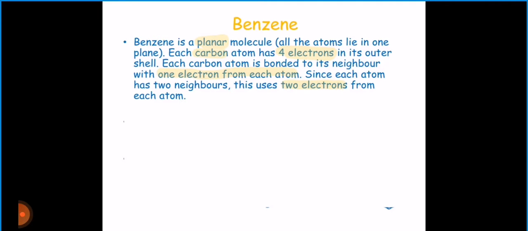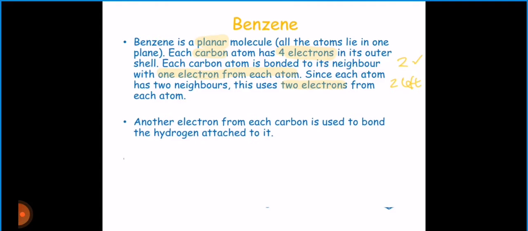So 2 have been used, so there are now 2 electrons left on each carbon. Now, we know that each carbon has a hydrogen coming off it, so another electron is used for the hydrogen bond. So that means we have only got 1 electron left then.